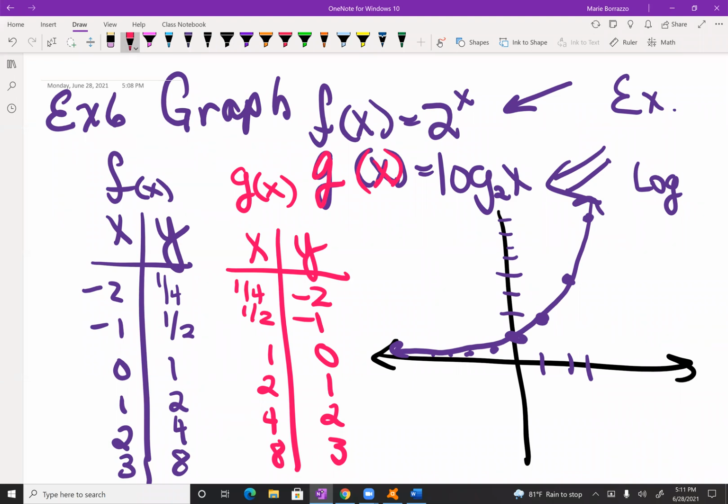In red, I'm graphing its inverse. So basically, I'm going to have the following points. I'm going to have 2, 1. I'm going to graph 4, 2, and 8, 3.